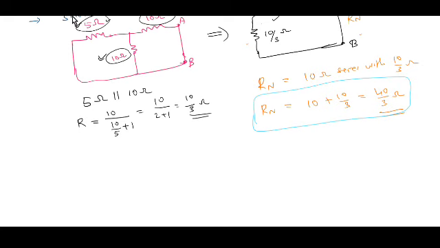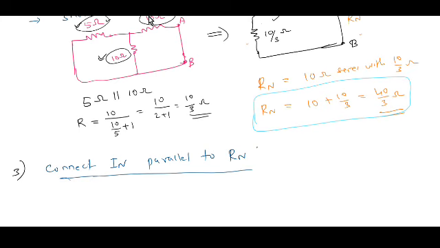Now what do we have to do? The third step. In the third step we connect In, the single current source, parallel to the single resistance, that is Norton resistance Rn. That is the third step.